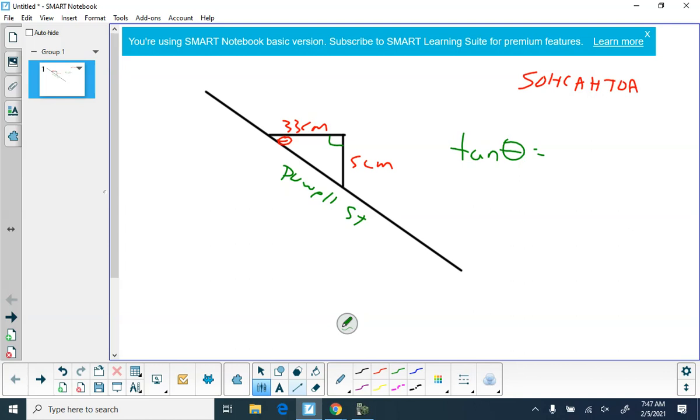If we have to get rid of multiplication, we can divide. If we have to get rid of division, we can multiply. If we have to get rid of a tangent or a trig function, we'll talk about that in a second. Equals what ratio, Jenna? 5 over 33. Opposite over adjacent.